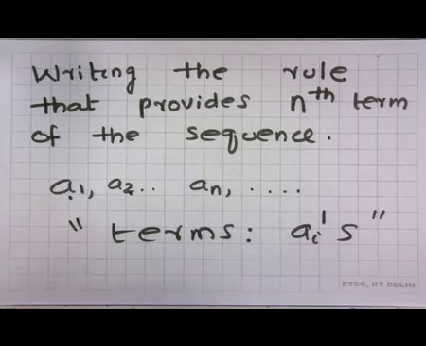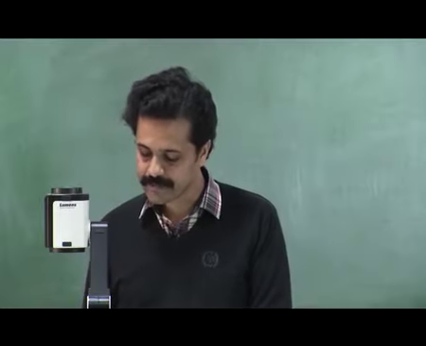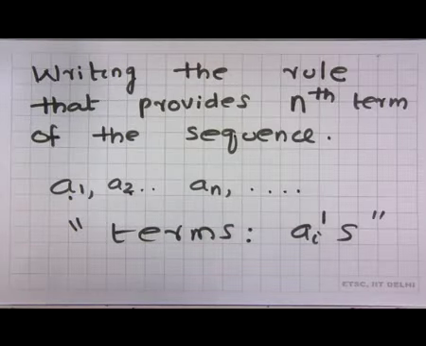One way to describe a sequence is write AN in terms of n.